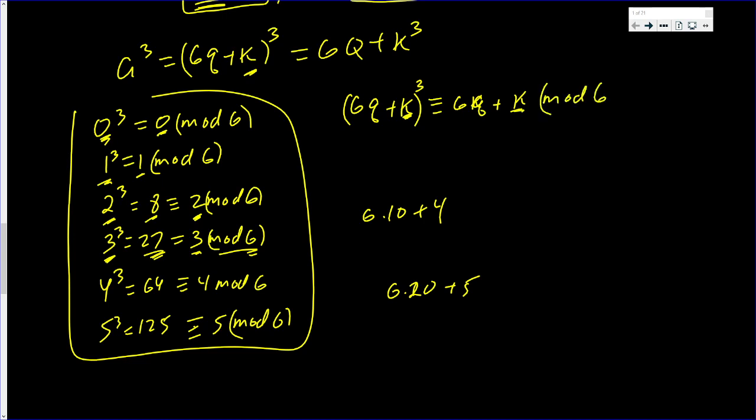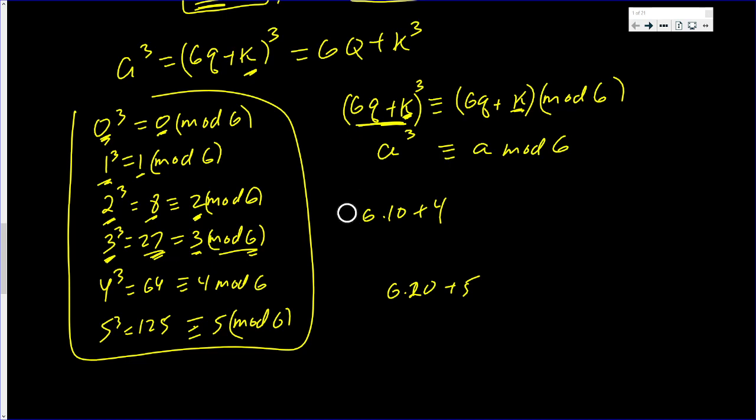Mod 6. Why am I adding 6 cubed? For 2 reasons I'm adding 6 cubed. The most important reason is it's 0, so I can add it. And I want it to look like this. That is, if I call what's in the bracket A, then I'm getting back A mod 6. No matter what k was.